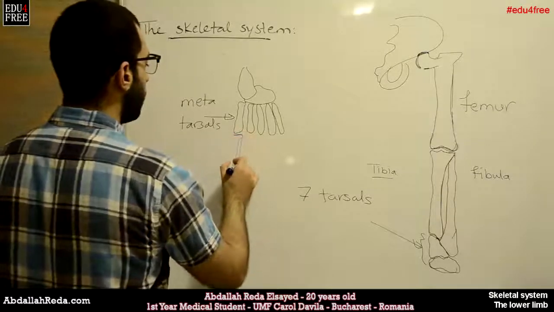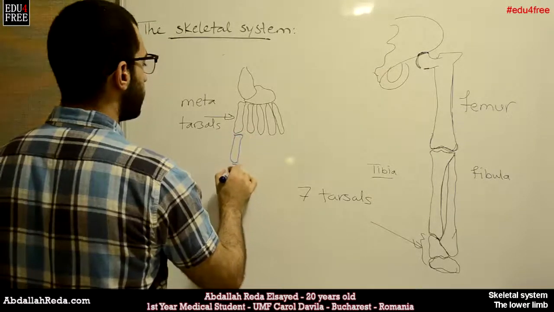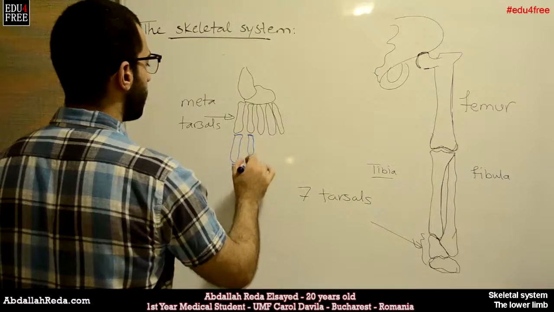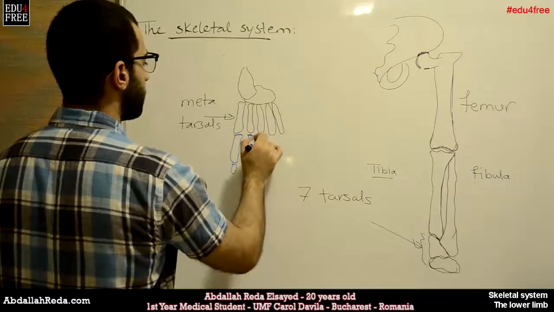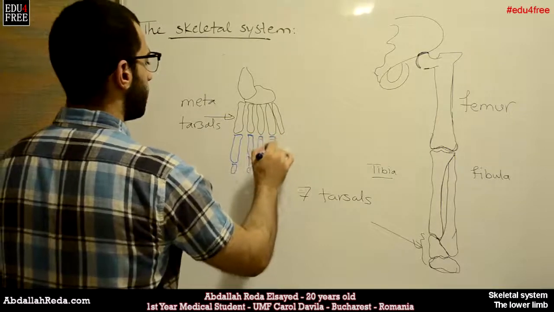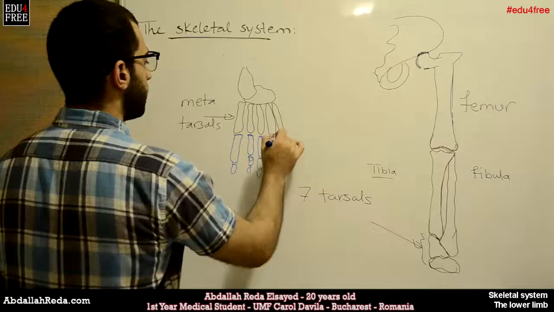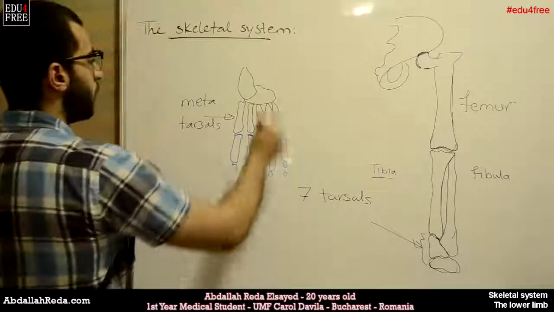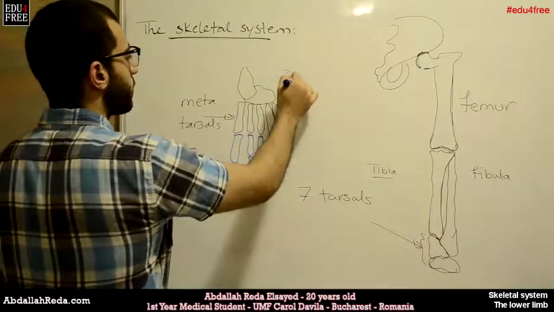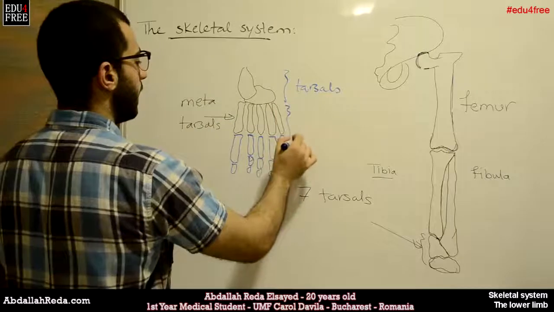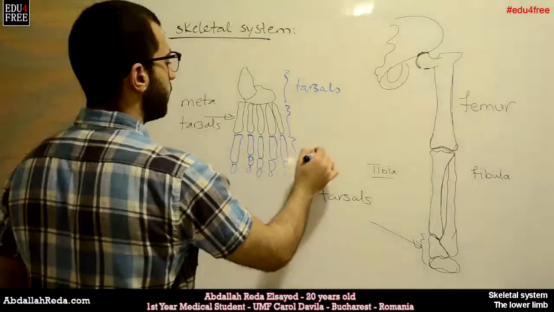For the big toe, we have 2 phalanges, and for the rest of the toes, we have 3. Like this. So tarsals, metatarsals, and then we have the phalanges.